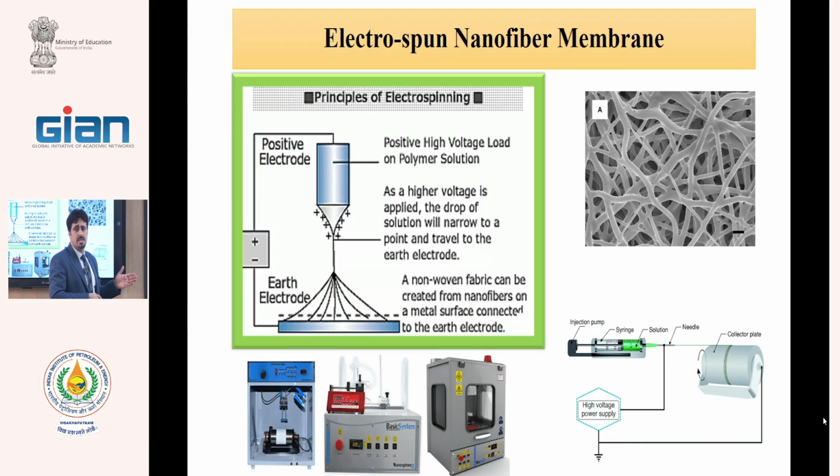The production in this method needs a long time, because we want to produce a 100 micrometer thickness with nanofibers, okay? We usually need 2 hours for production of a membrane with a thickness of 100 micrometers.